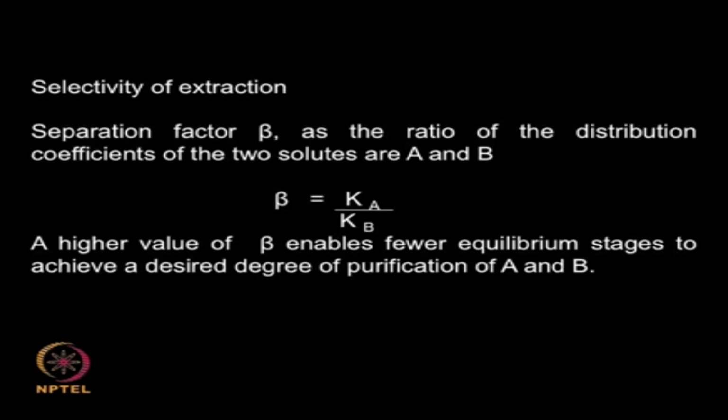Similarly, if I have many proteins and my solvent is picking up all these proteins, then I need to select a solvent which will be more preferential towards protein A than towards protein B or protein C or protein D, or I may have to do this extraction and later on go to a chromatography type of situation to just pick out the protein of your interest.